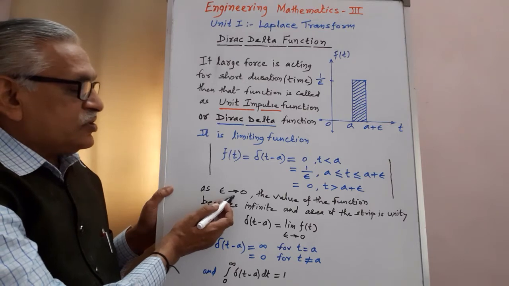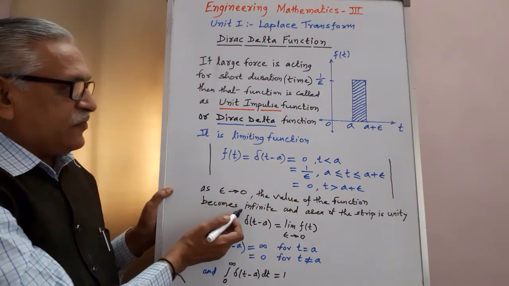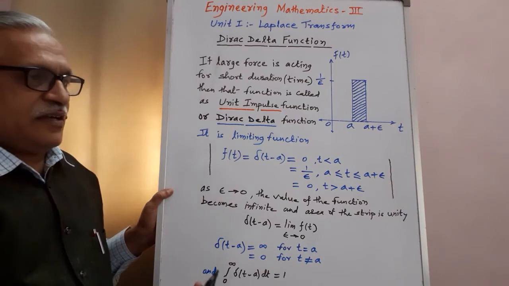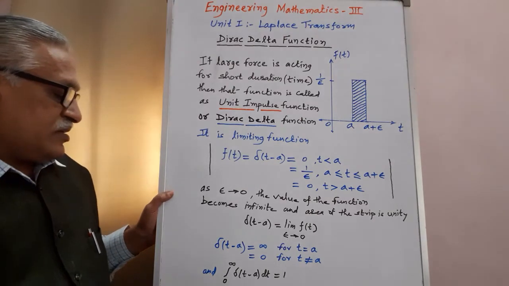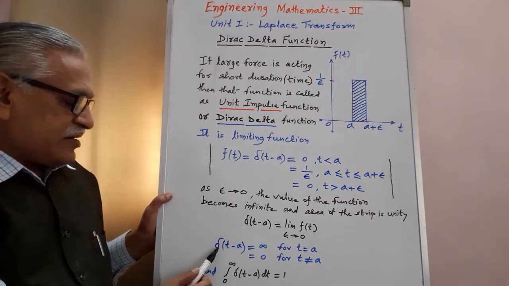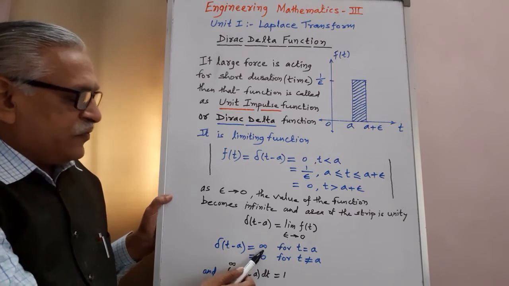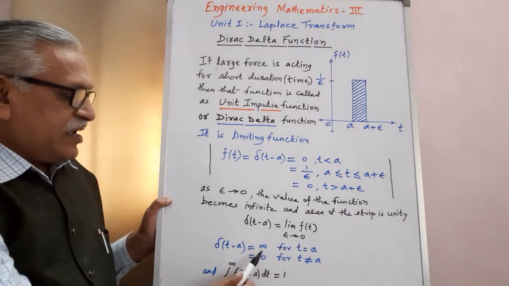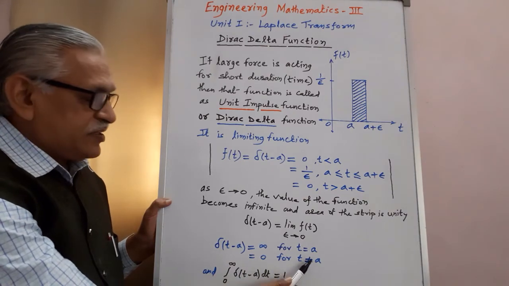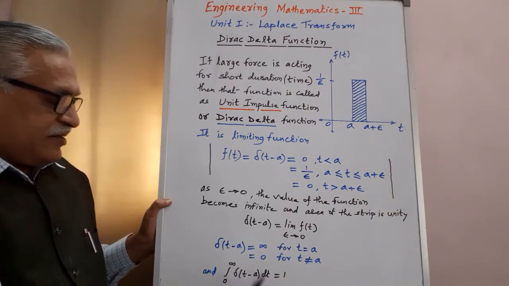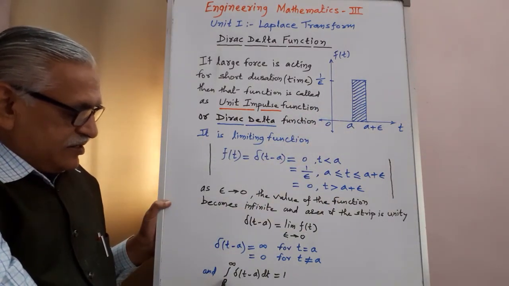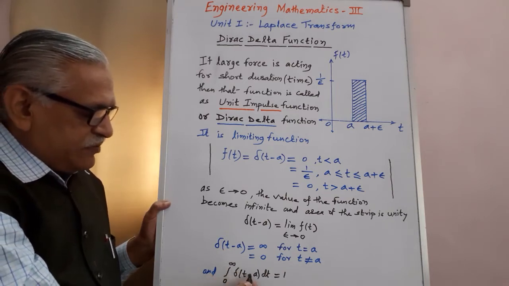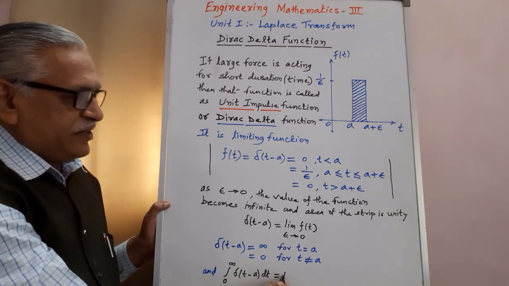As epsilon tends to 0, the value of the function becomes infinity, since 1 by any very large number tends to infinity. Delta of t minus a, that unit impulse function, has two values: infinity for t equals a and 0 for t not equal to a. And the area of that strip, which is obtained by performing the integration between 0 to infinity of delta of t minus a with respect to t, is 1.